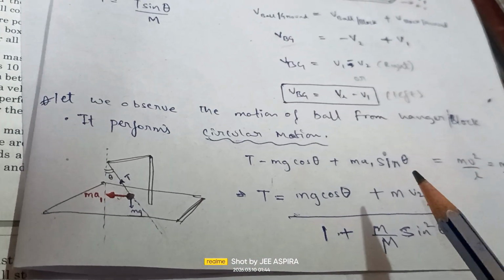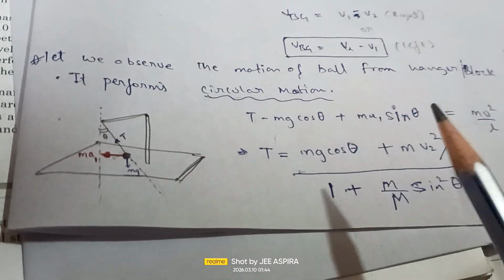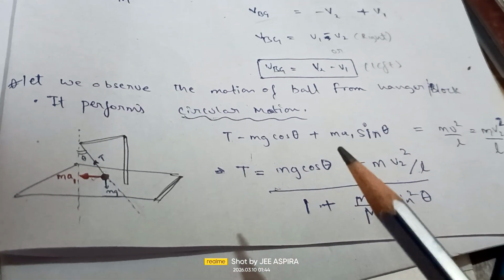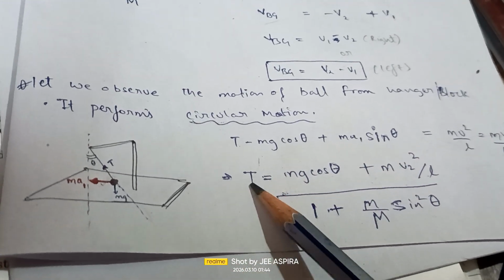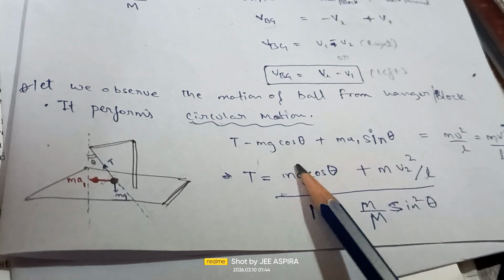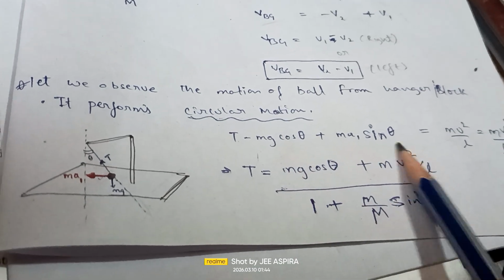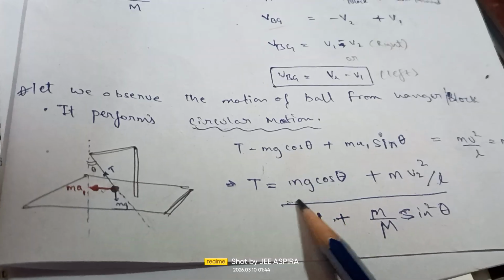In this question we need to find T max. So for T max we want the numerator to be maximum and the denominator to be minimum.